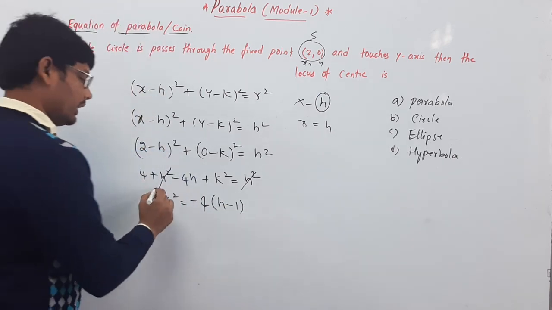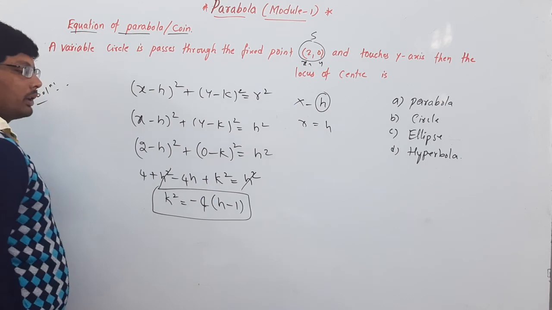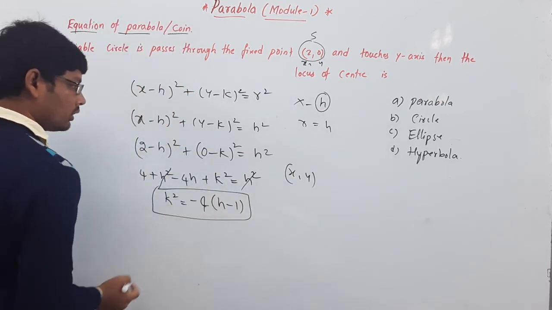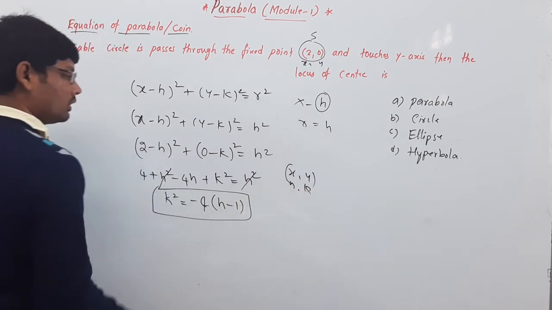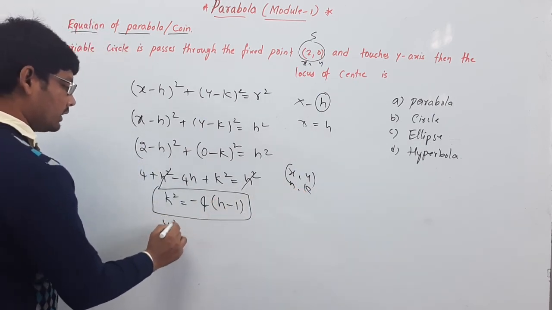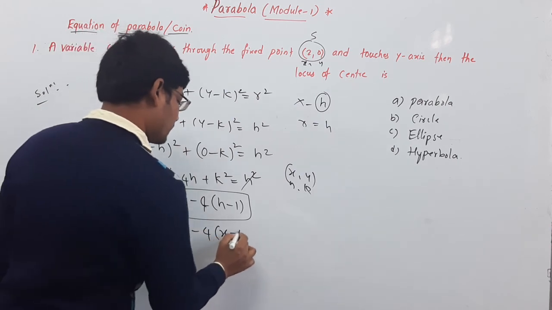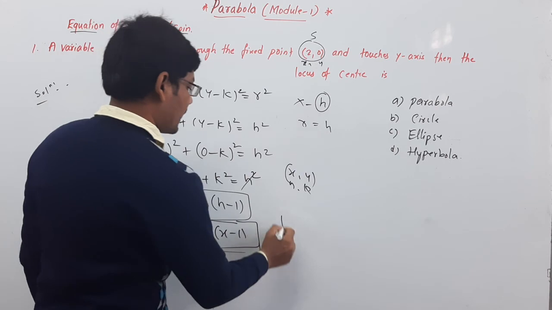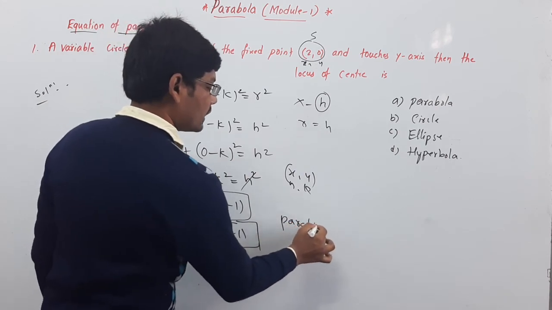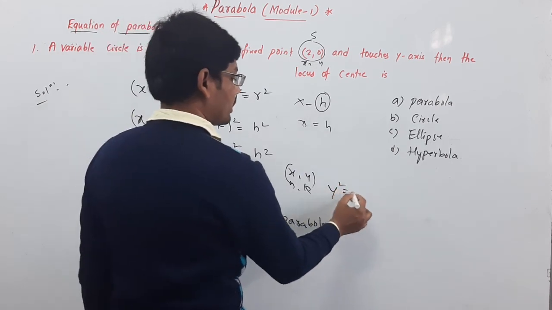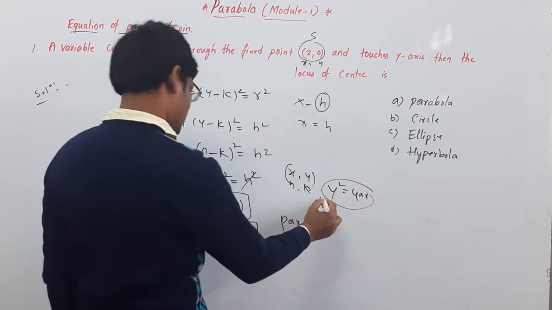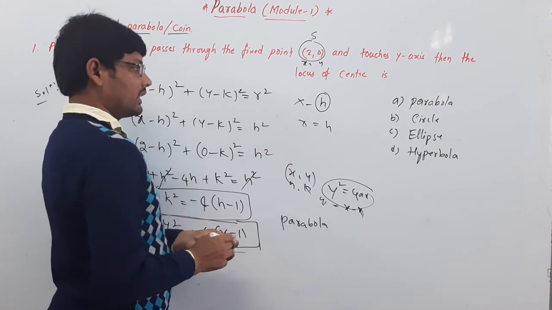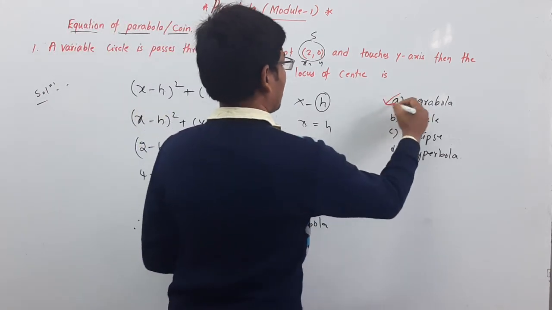So it is in the form of a parabola. If you substitute x, y for h, k, then y square is equal to minus 4 times (x minus 1), which is of the form y square is equal to 4ax. So the solution is parabola.